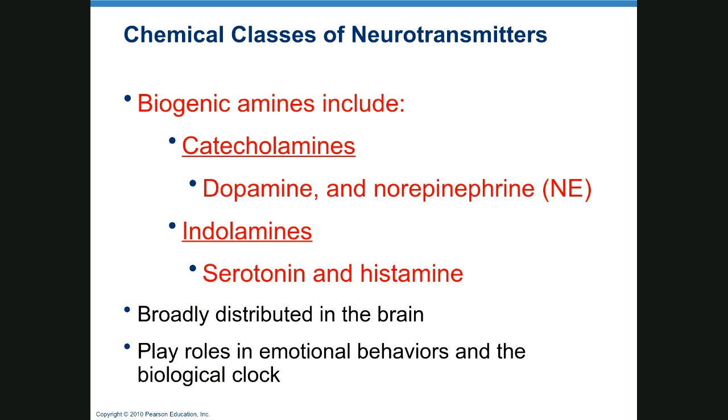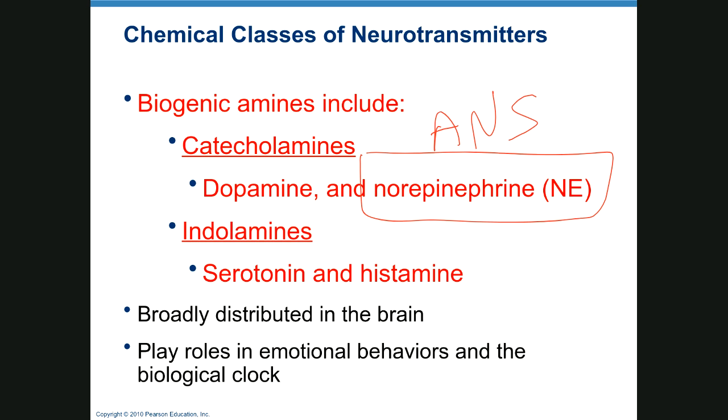Another group of neurotransmitters are the catecholamines. Dopamine and norepinephrine are the catecholamines. And norepinephrine is a really important neurotransmitter, which is also a neurotransmitter of the autonomic nervous system, the visceral motor division.